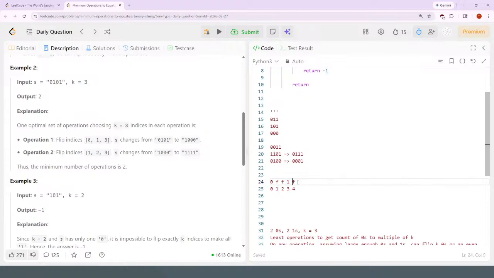Then the question is, how would you go from there? And then you toggle the things next to it.